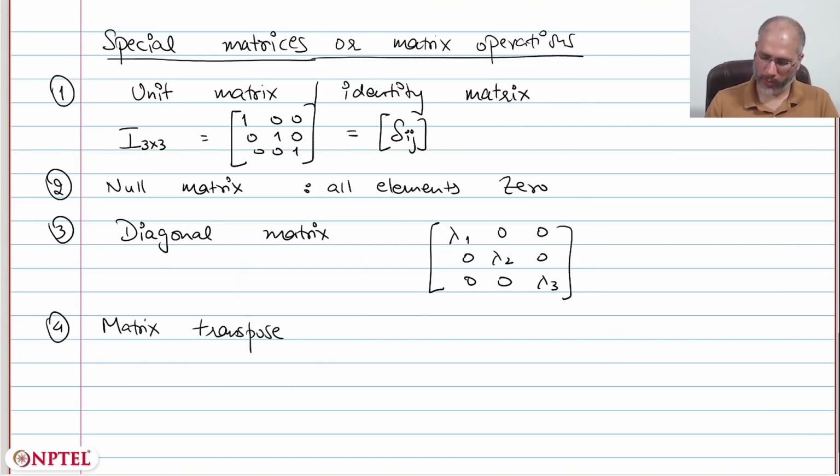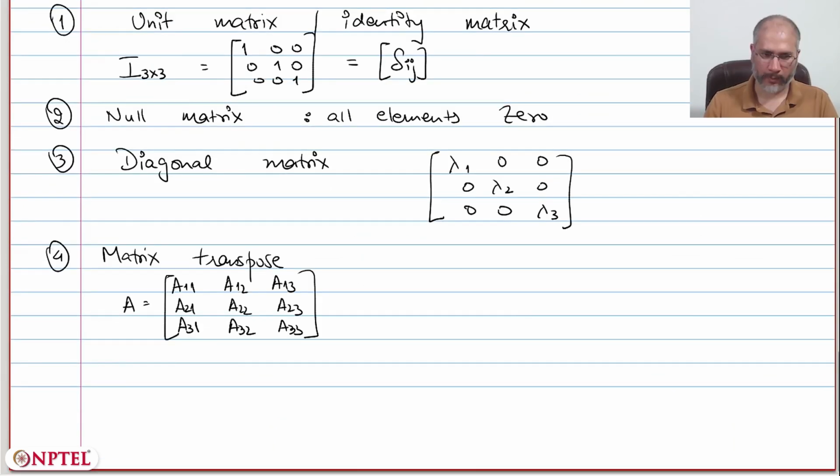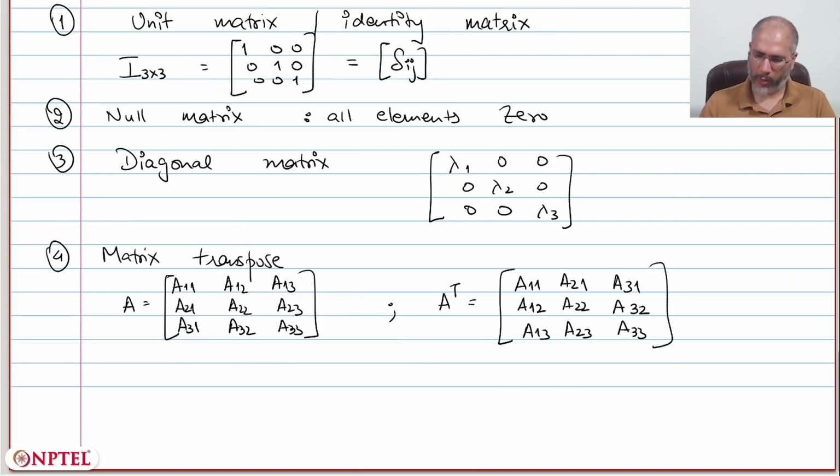So the transpose of a matrix, let's say a matrix is A, its transpose is given as follows. What we notice is that the element A12 moves to this location in the transpose matrix.